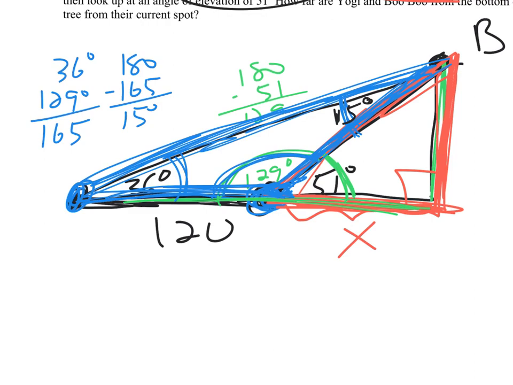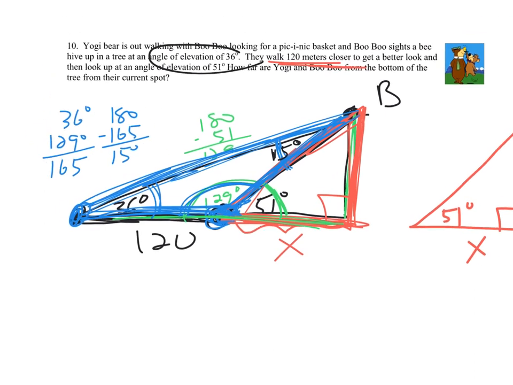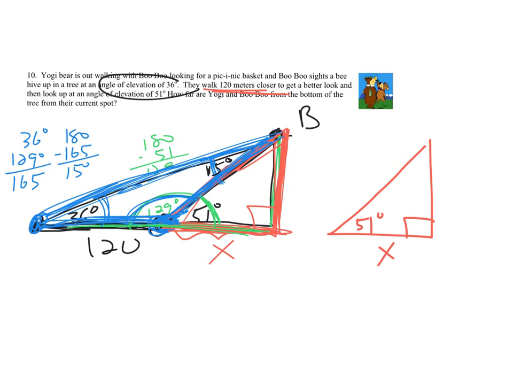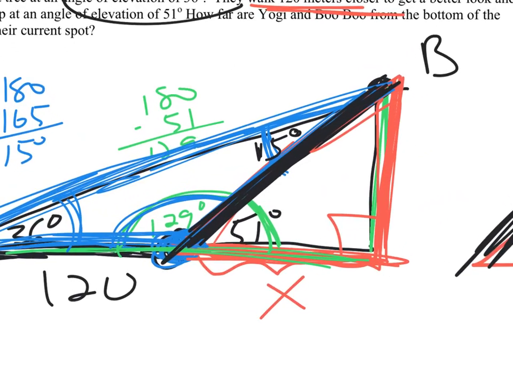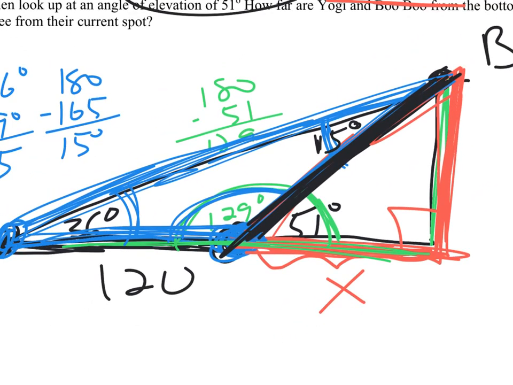Now what am I trying to do? I'm trying to get more information about my red triangle. Once I know something else about this red triangle, I'll be able to go about solving for x in the red triangle by using SOHCAHTOA, since it's a right triangle. So I'm going to find the hypotenuse of that red triangle. The hypotenuse of the red triangle, this side here that's in black, is also a side of the blue triangle.